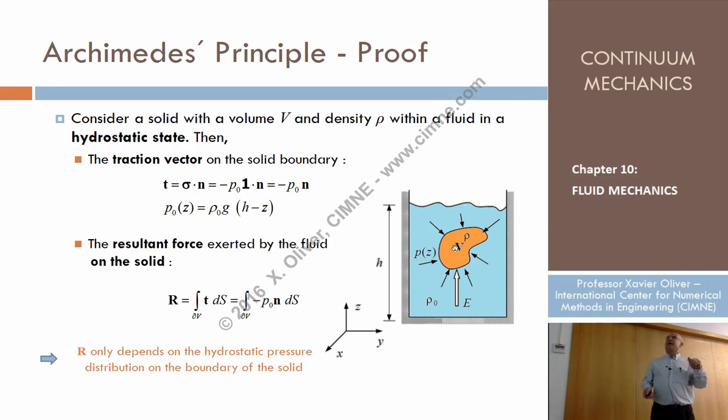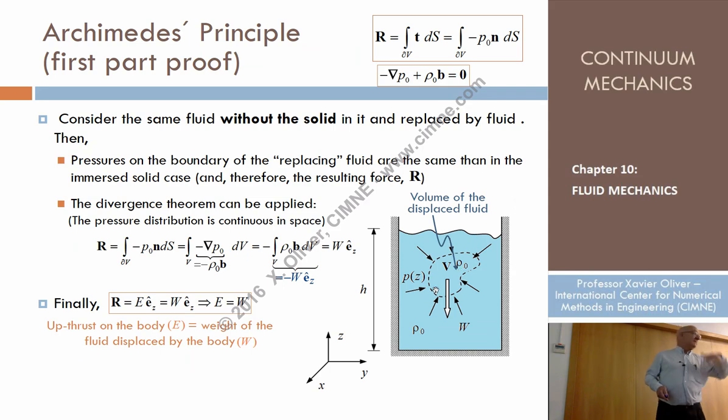Okay? Now let's consider another problem which consists of replacing the submerged solid by fluid. So considering the same container with no body immersed. Okay? So we replace, so to speak, the body by water. So what is the pressure distribution in this additional problem?